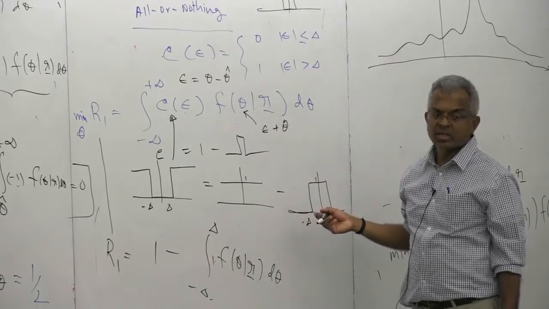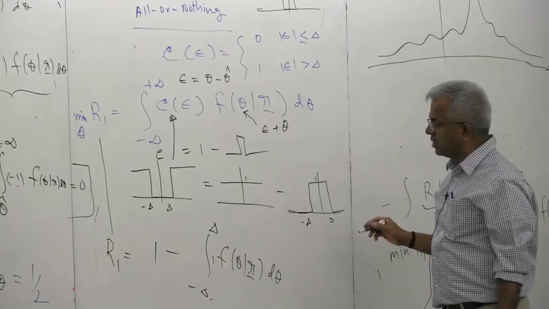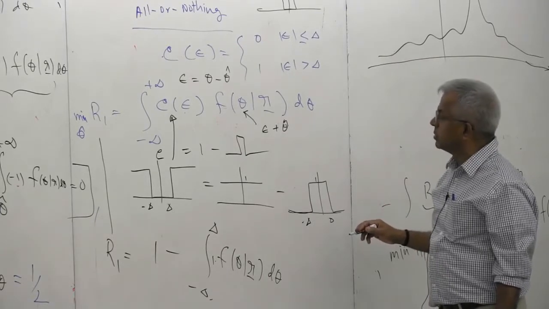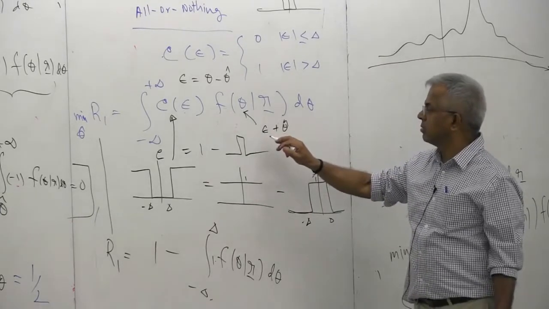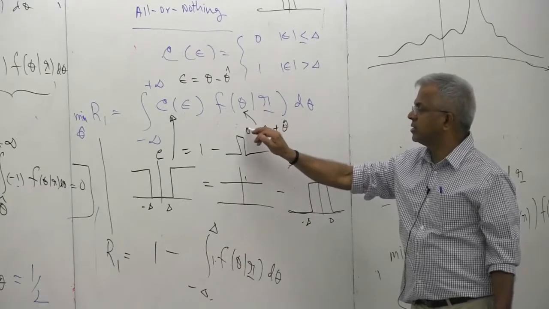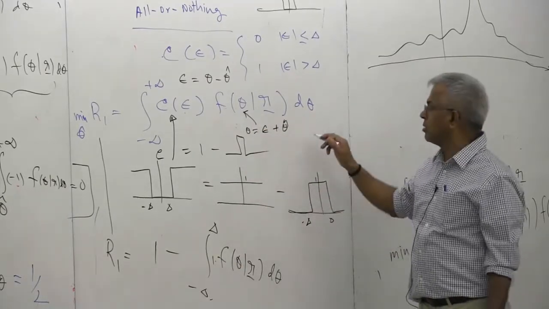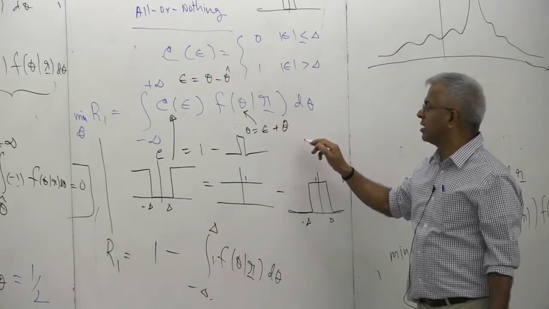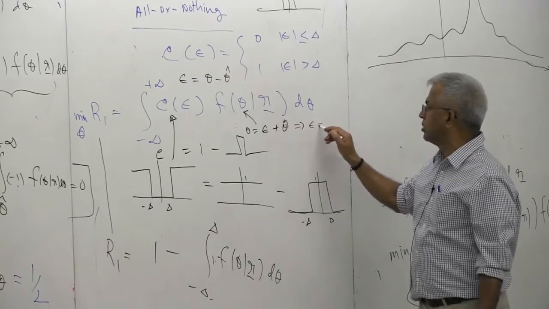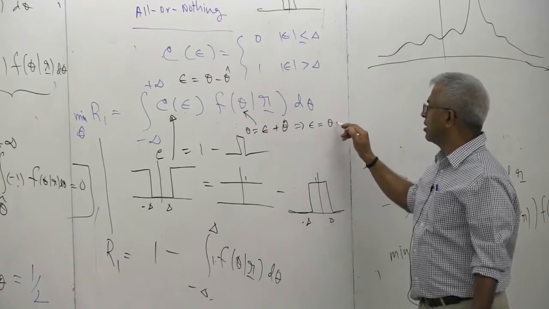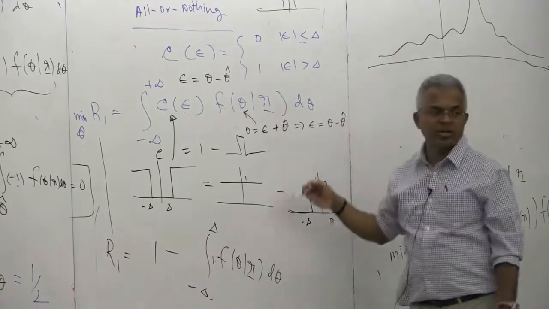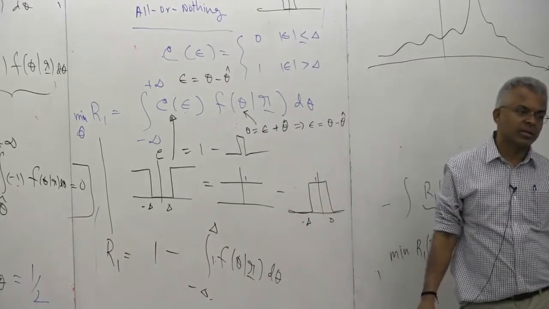And you can also rewrite this as, hold on. So this is theta, right? So range. If you want, then rewrite theta as, so this also tells you epsilon is, so you define a new random variable, epsilon equal to theta minus theta hat, right?